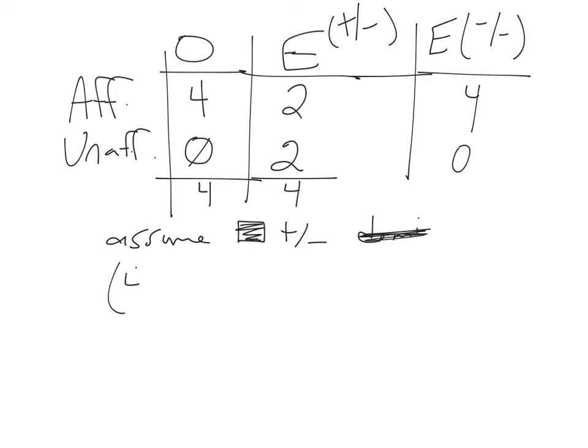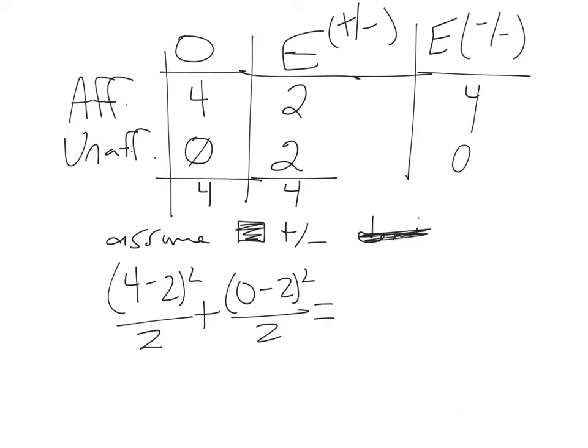So after you do the math, observed minus expected squared over expected, for both of those affected and unaffected, what does the math leave us with for a chi-square value? 4, which is a p-value with 1 degree of freedom.